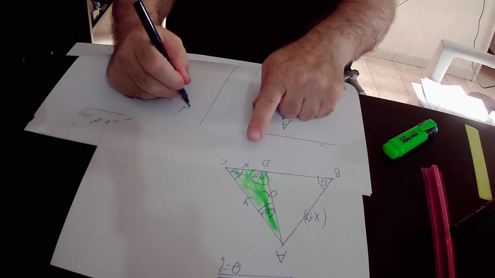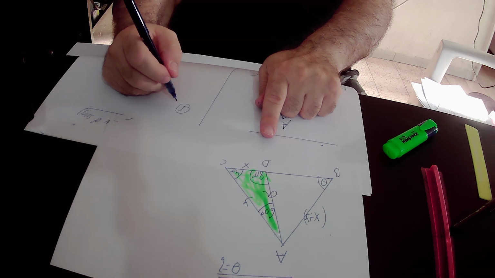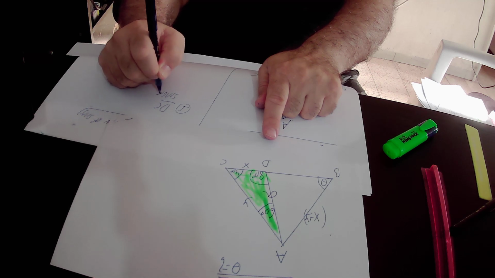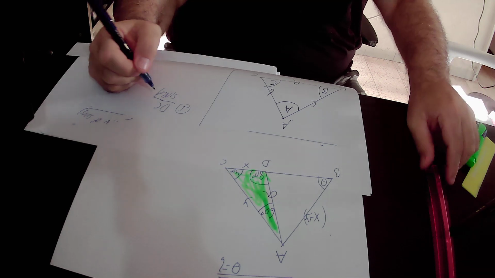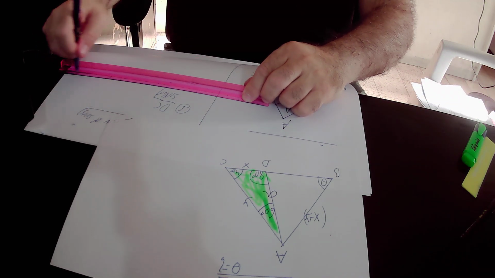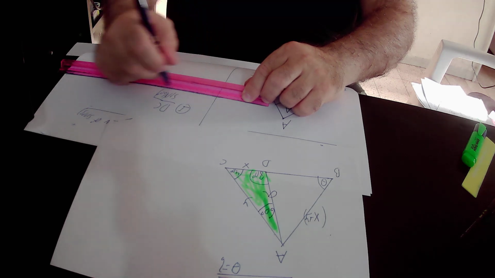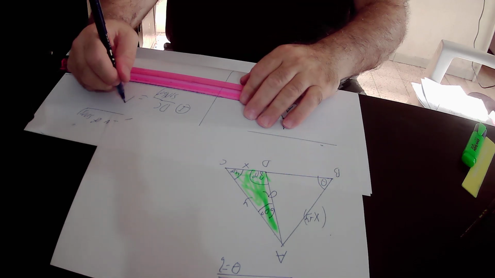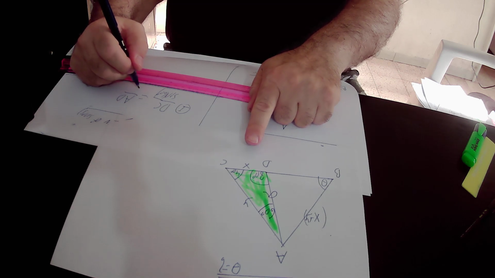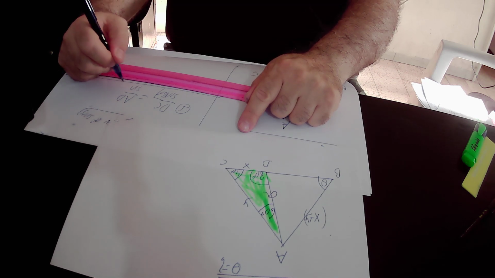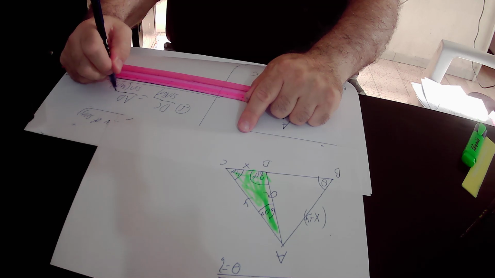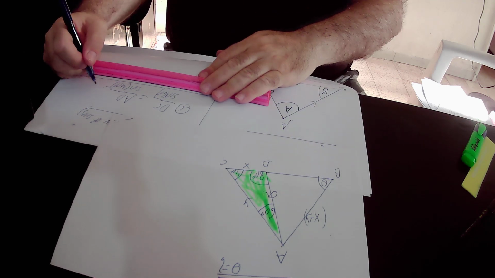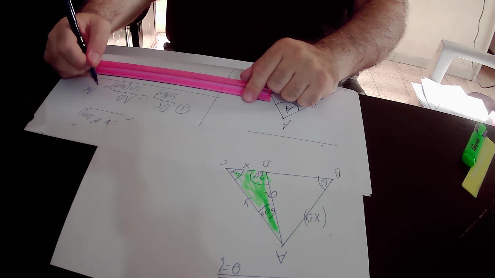DC over sine 60 degrees equals AD over sine 40 degrees, and it is equal to AC over sine 80 degrees.